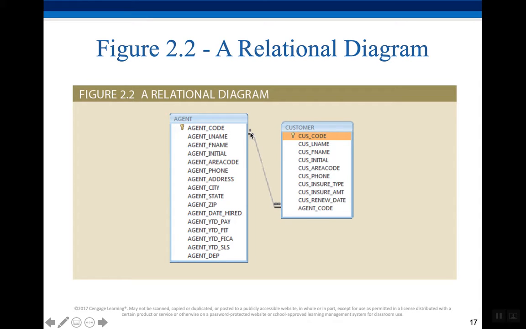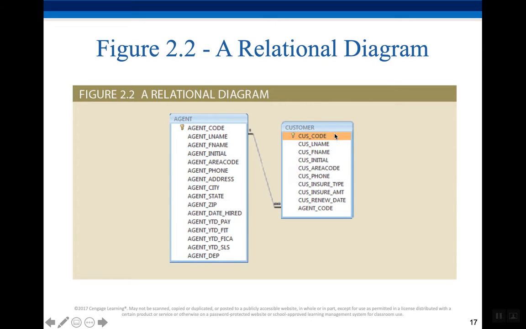And then you also see these little symbols right here. On this side we have a 1, and on this side we have an infinity sign. It doesn't translate that well, but that is an infinity sign. So this is what we would call a one-to-many relationship. For every agent, like at an insurance company where agents are selling policies, they will have multiple customers, one to many.